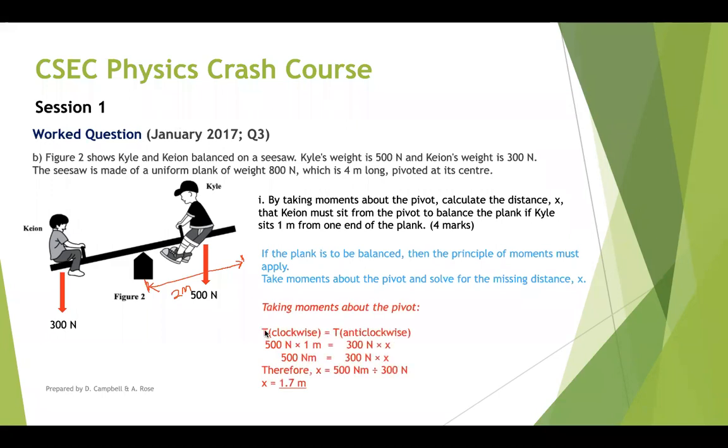So when we take moments about the pivot, Kyle's clockwise force times the distance would give 500 Newton meters, and Keon's weight is 300 newtons, and we need to find the distance x. So all we need to do is divide both sides of the equation by 300 newtons, and that would give us a distance of 1.7 meters from the pivot.